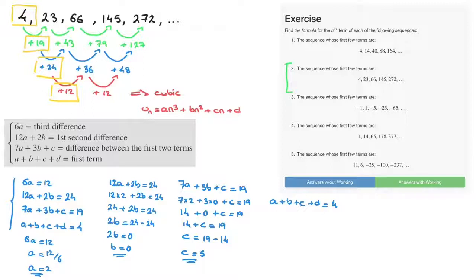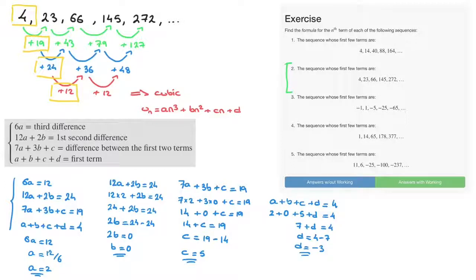So this becomes 2 plus 0 plus 5 plus d equals 4. 2 plus 0 plus 5 is 7. So this is 7 plus d equals 4. We subtract 7 from each side, which leads to d equals 4 minus 7. And finally, we can state that d is equal to negative 3.